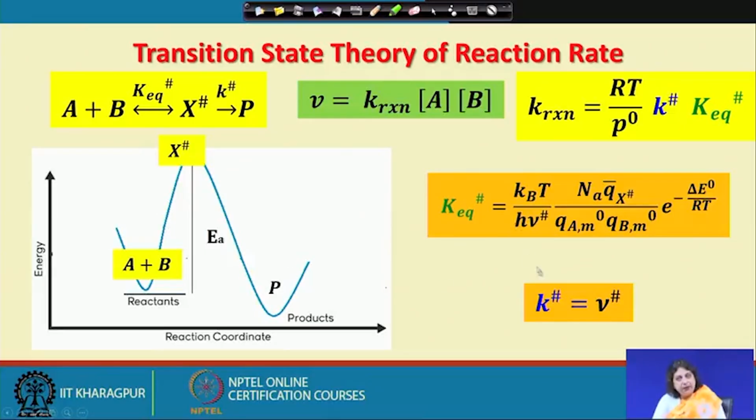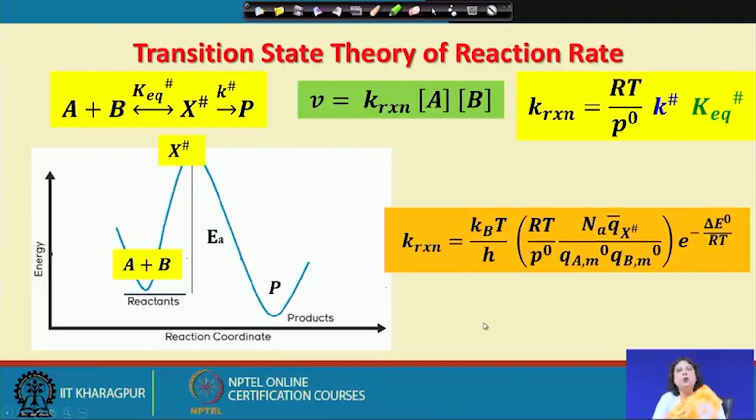Now, if I combine these two conditions, what I get is a molecular expression for the rate constant K reaction in terms of molecular quantities like Q bar X dagger, Q A naught, Q B naught, and so on, and this is the Eyring equation.